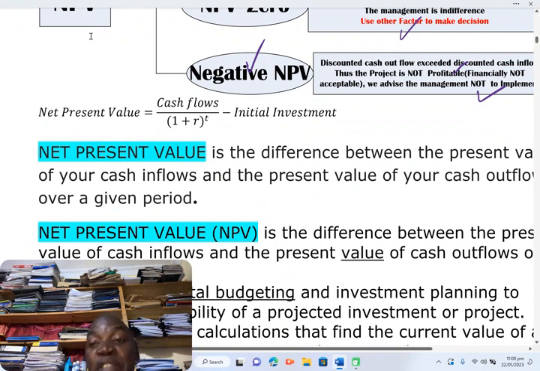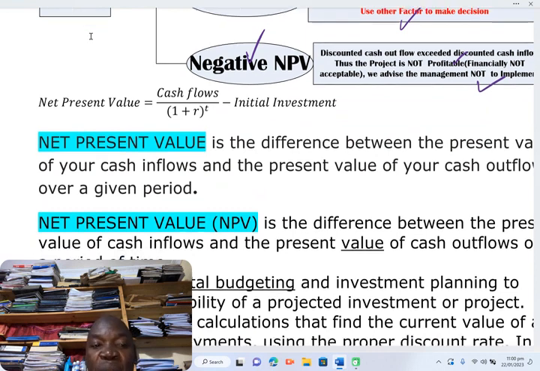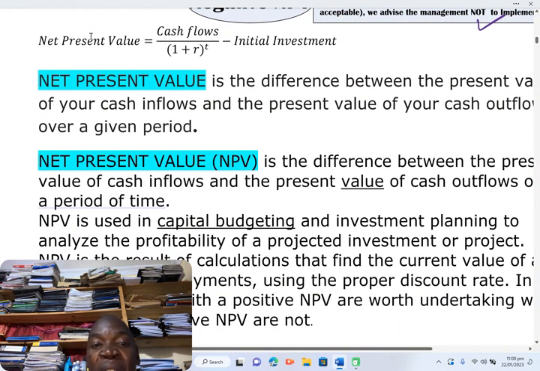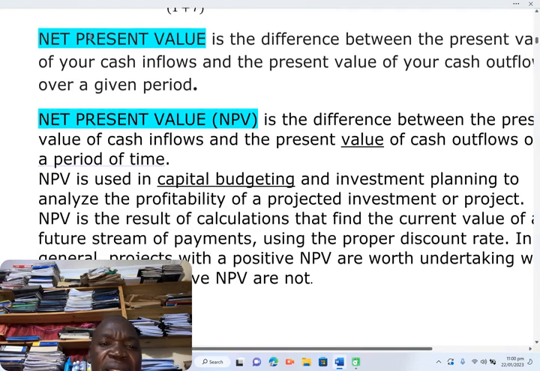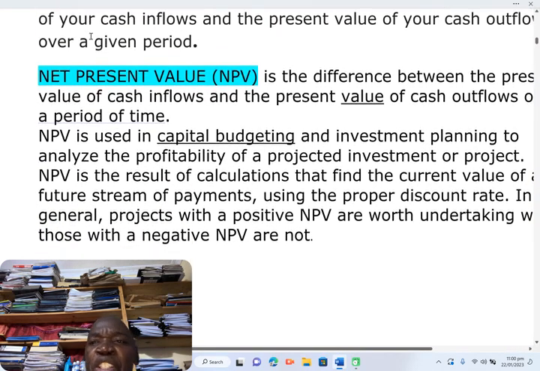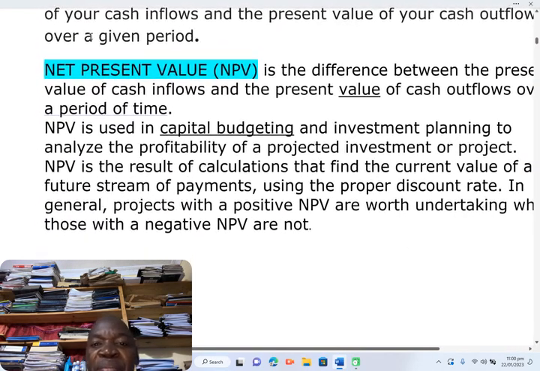NPV is a difference between discounted cash inflow and discounted cash outflow. Such difference will enable the project manager to either reject or accept the project. This is a simple definition of NPV.